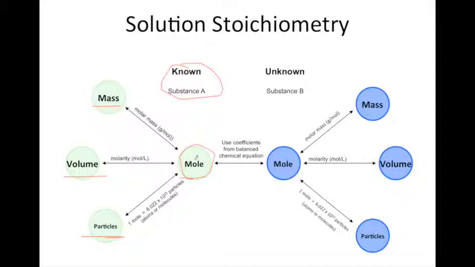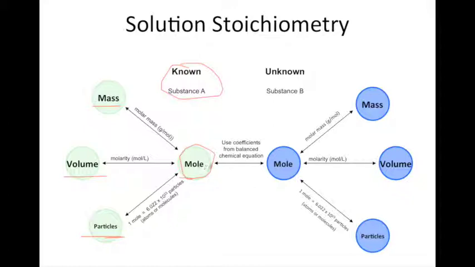With mass, we would use the molar mass. With liters, we could use the molarity to convert it to moles. If we were given atoms, we could use Avogadro's number. So when we have a chemical reaction taking place, whatever we're starting with, convert it to moles using the appropriate conversion factor.